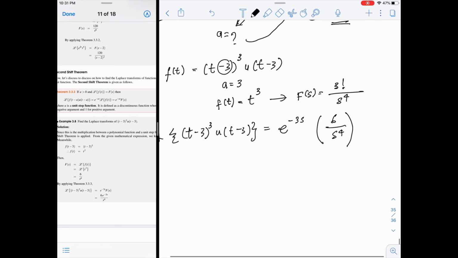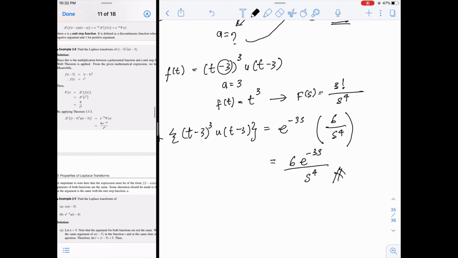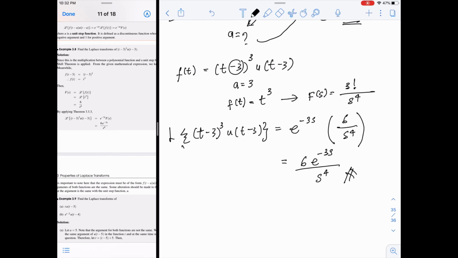You may simplify it: 6 over s to the power of 4 times exponent negative 3s. So this is the answer that you find. It's very easy as long as you can put your equation in terms of this form.